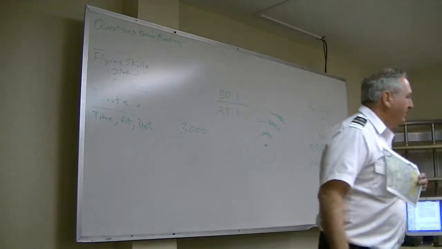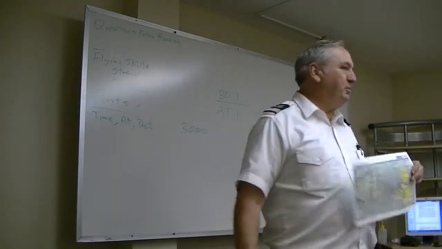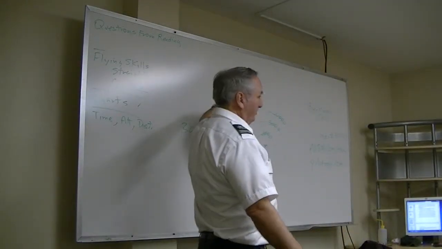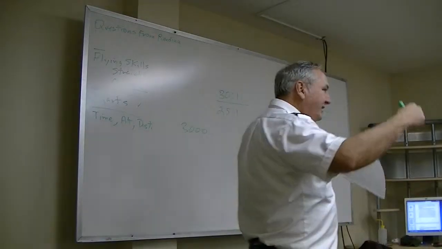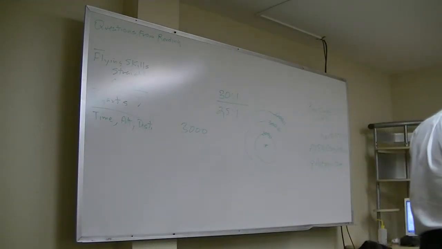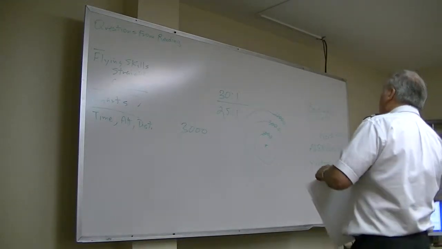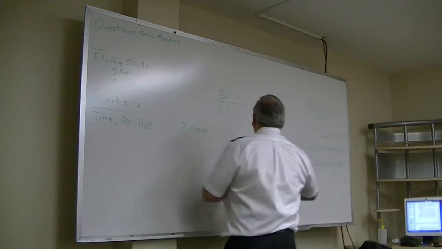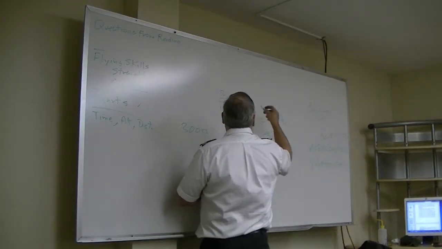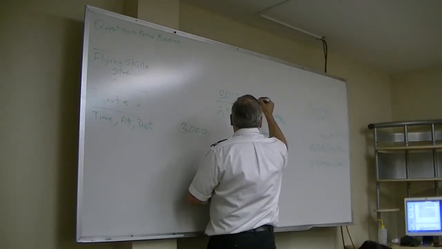So, your assignment is to pick one of these two, maybe both. Get your handy dandy little compass out. I'm sure we all have one somewhere. And using this system, I want you to plot out these distances. So we know, in the case of 30 to 1, 1,000 feet is 5 nautical miles.